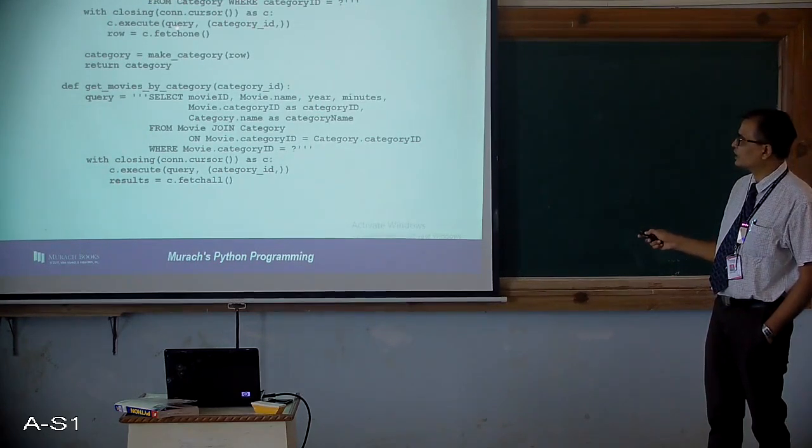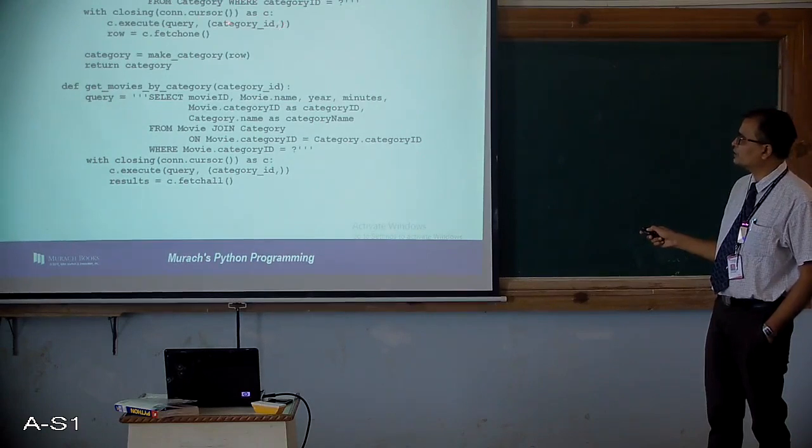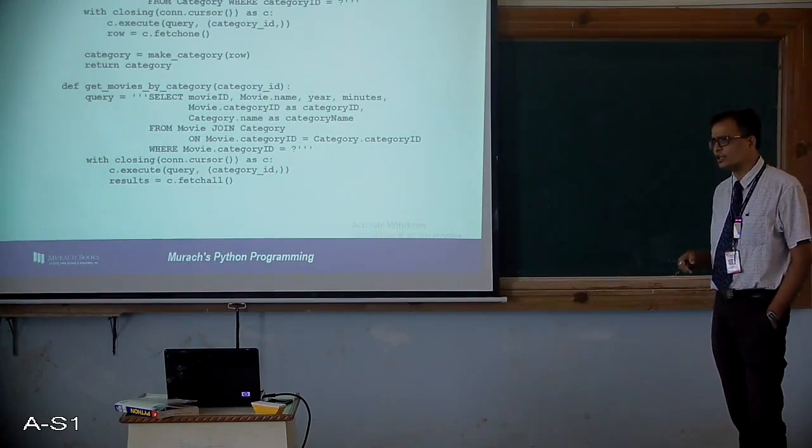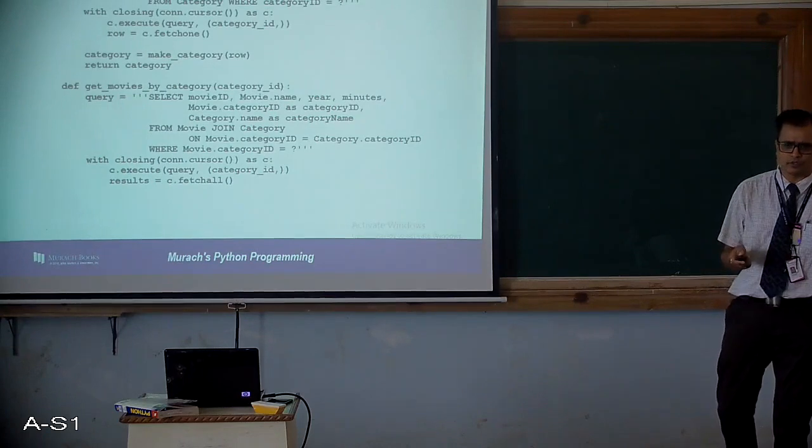For this category ID you will have to execute a query. What query? A select query to fetch one row for this category ID and return that. Similarly the get movies by category function is also written. You can have as many functions as you want depending on the options that you are giving to the user.